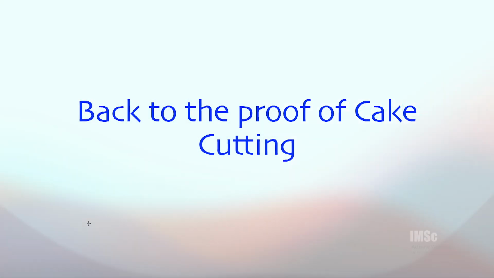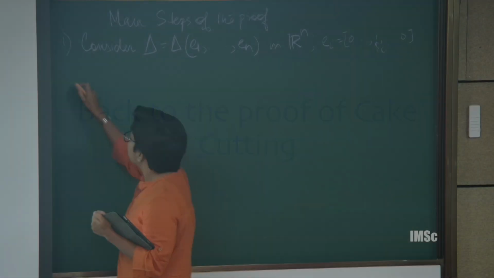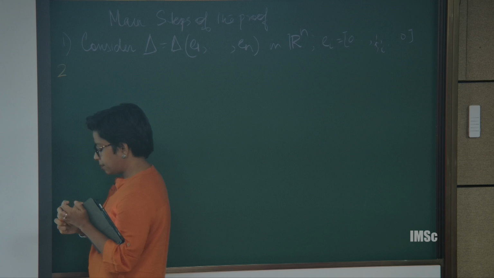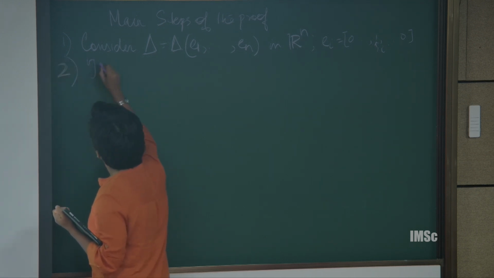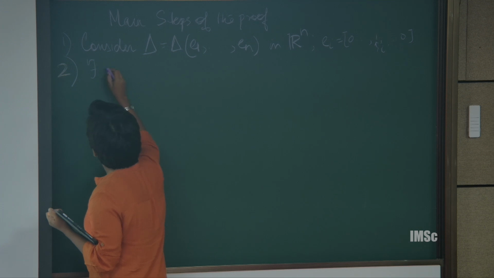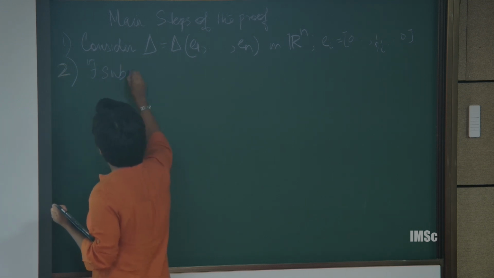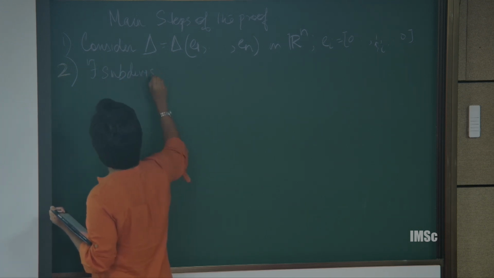With that, let us talk about the main steps of the proof. First, I consider this simplex. I say there exists a subdivision. It is a very special kind of subdivision, and we will say how we get to it.